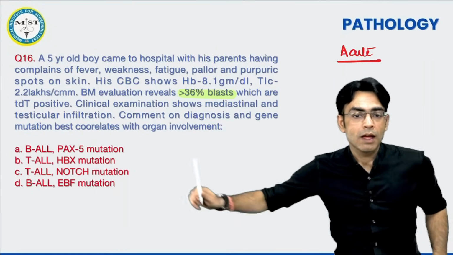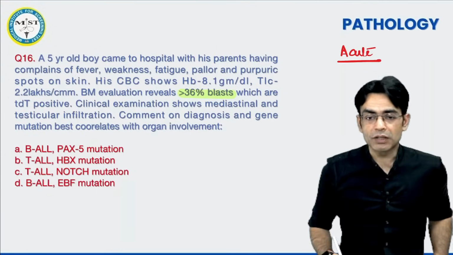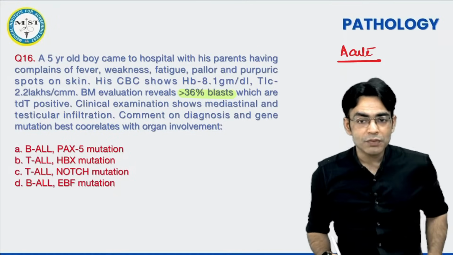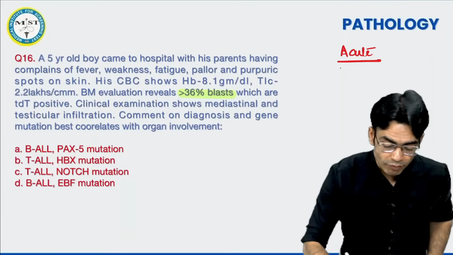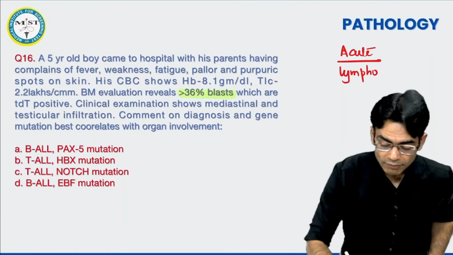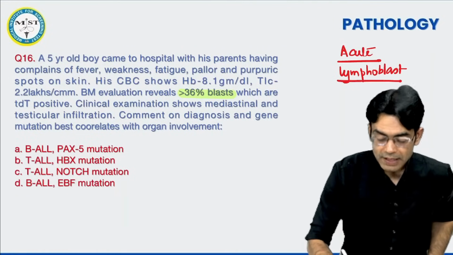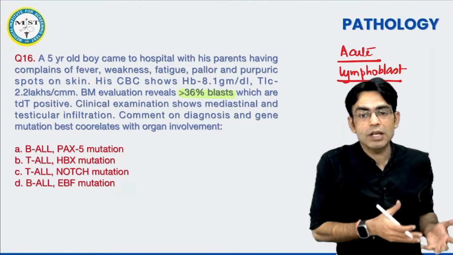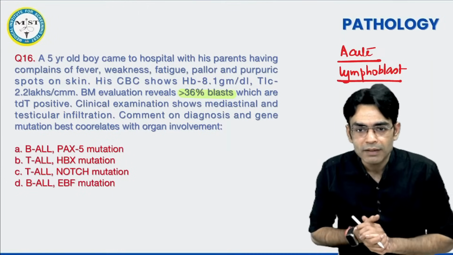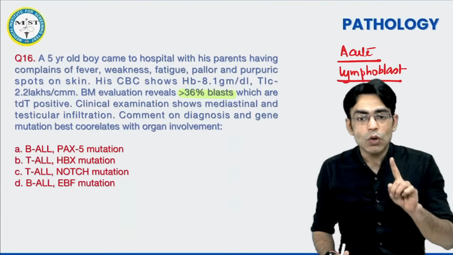Secondly, because the cells are TDT positive, terminal deoxynucleotide transferase, so which one is this? Lymphoblast. It's a lymphoblast. And if I have an acute leukemia, lymphoblastic leukemia, then it is ALL.